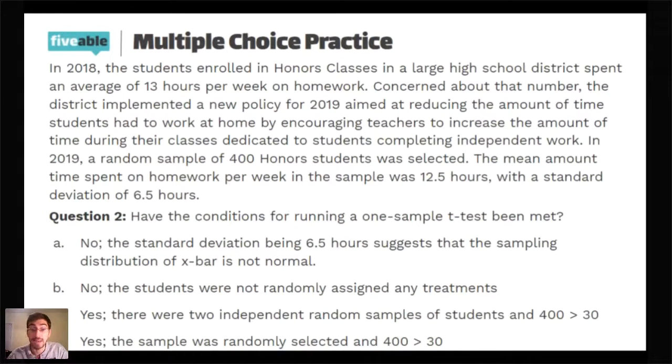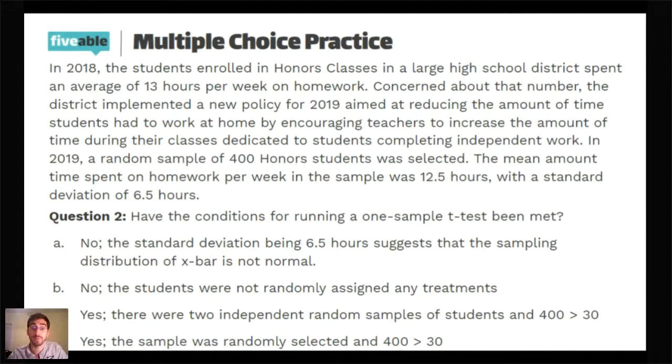However, I need to ensure that the samples are random. The thing with this is if I want to run a one sample t-test, I don't need independent random samples. Independent random samples are for two sample t-tests, and there aren't two samples in this situation.